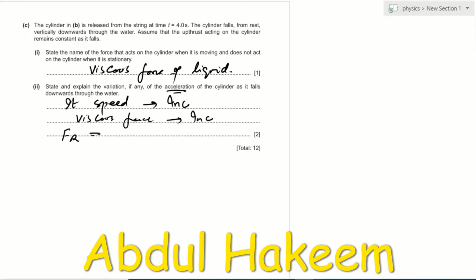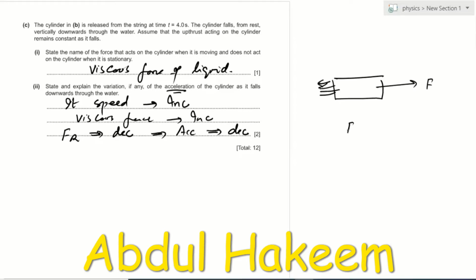The resultant force decreases. Hence, the acceleration decreases. Look, if this is the object, this is the constant downward force, but when the air resistance increases, the resultant force decreases. When the resultant force decreases, since resultant force is equal to ma, the acceleration also decreases.